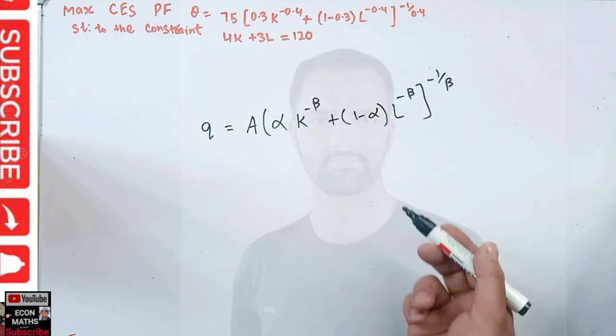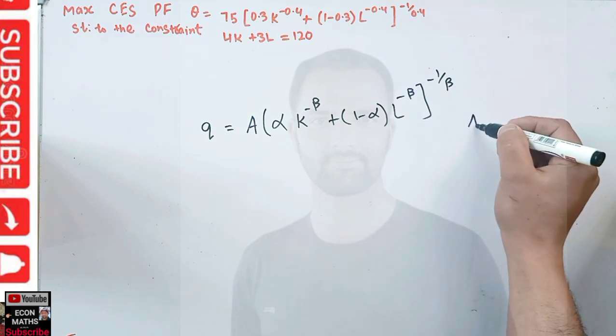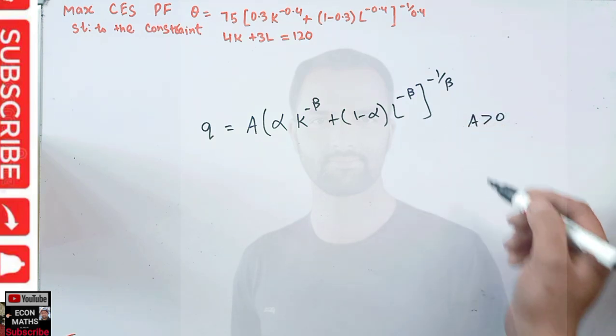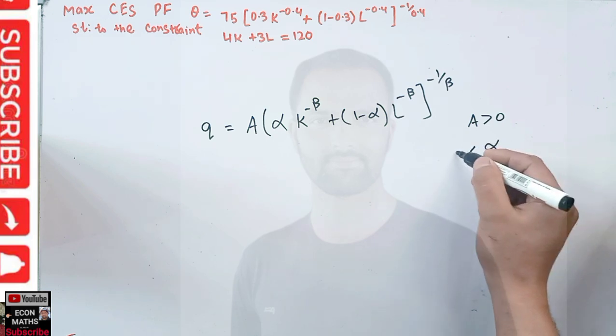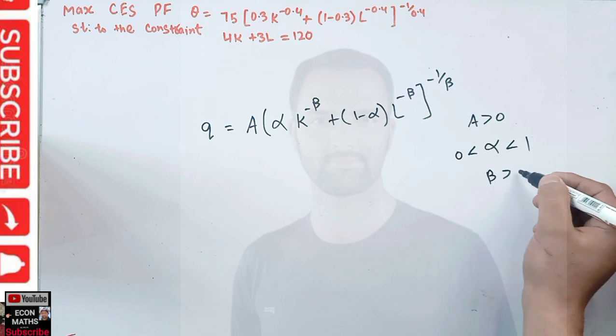Here A is greater than 0, alpha lies between 0 and 1, and beta is greater than minus 1.